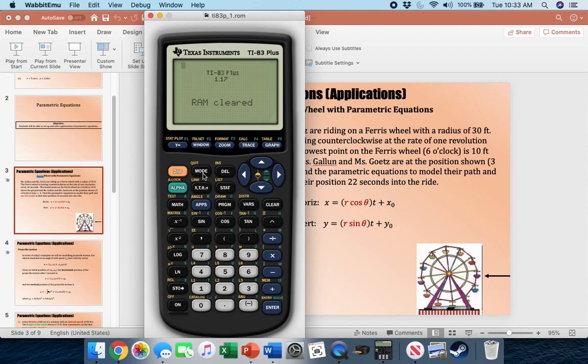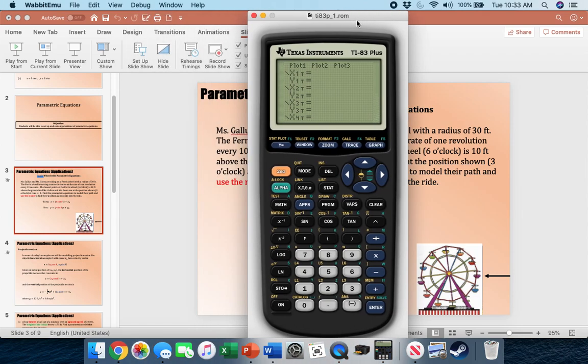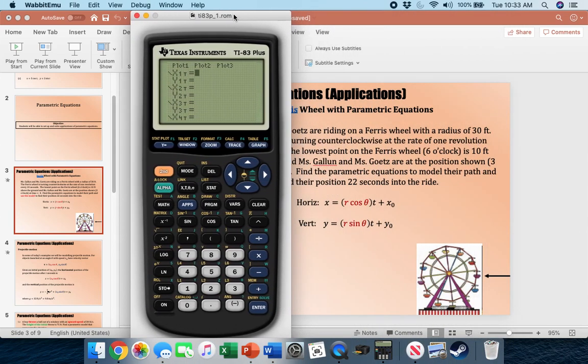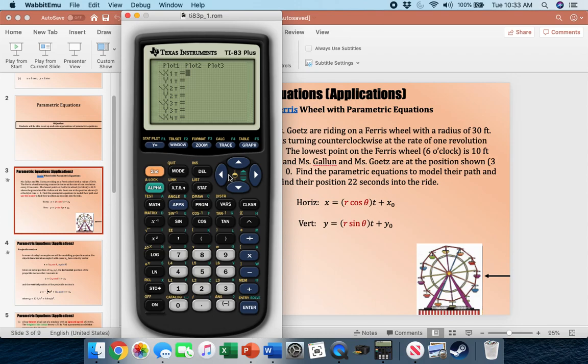All right, so let's hit mode and put ourselves in degrees since we were dealing with degrees, and put ourselves in parametric. And let's put our equation in here. I have it written down because it's not here. What was my x equation?